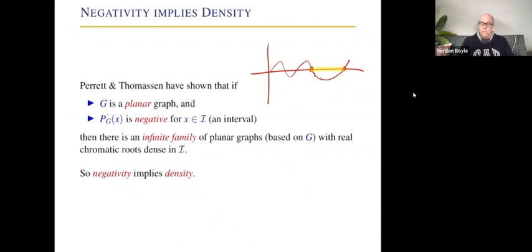So proving that chromatic roots are dense is hard because you need to find lots of graphs, but now they've reduced it to just finding a single planar graph that is negative over some interval, and then negativity implies density.